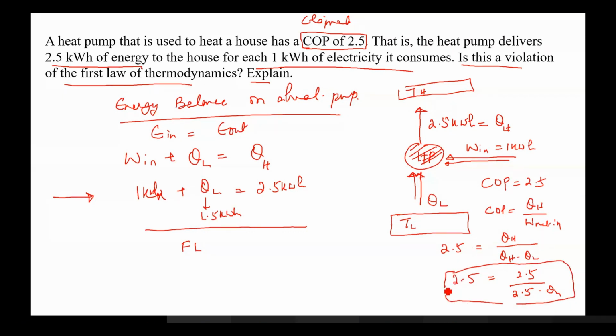What does it come out to be? 1.5. So that means that for this system, the first law is satisfied. Clear enough? Yes, sir.